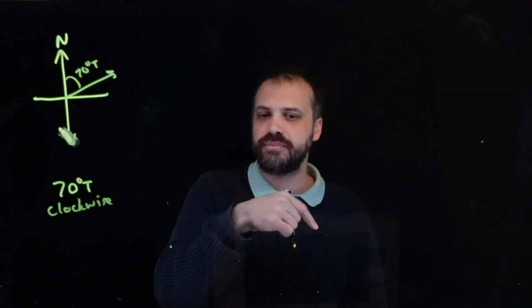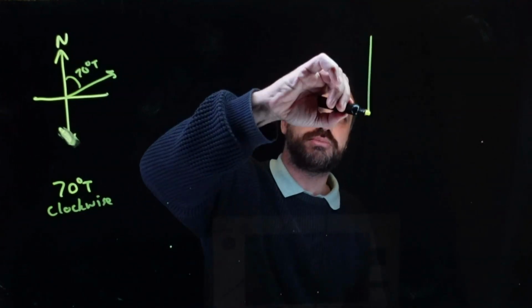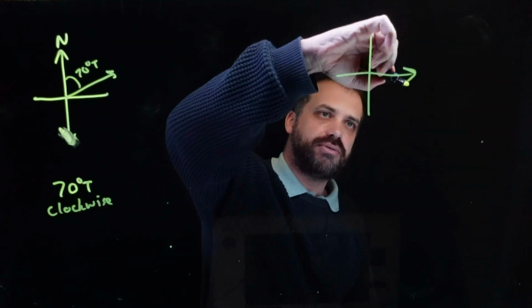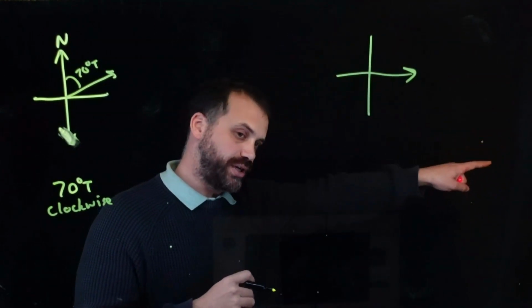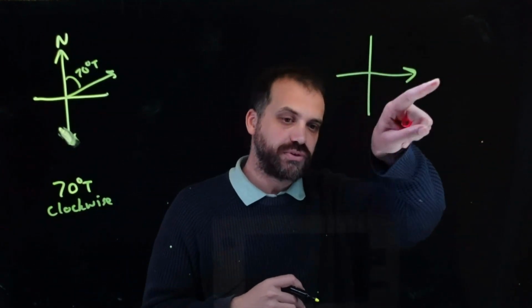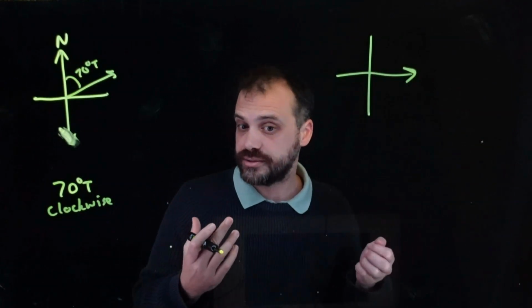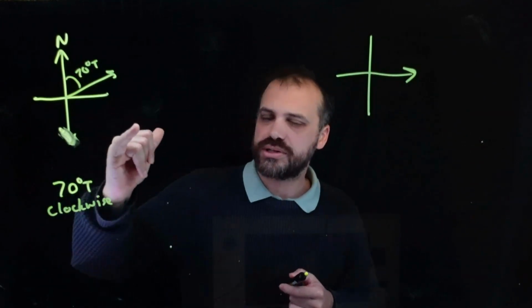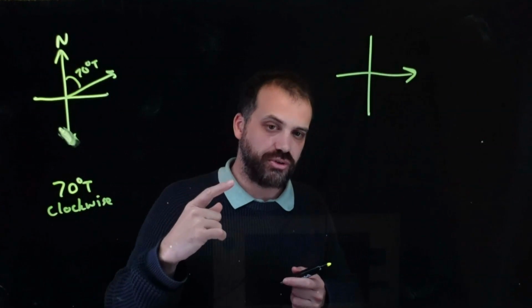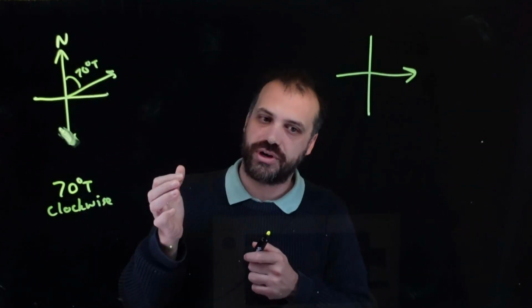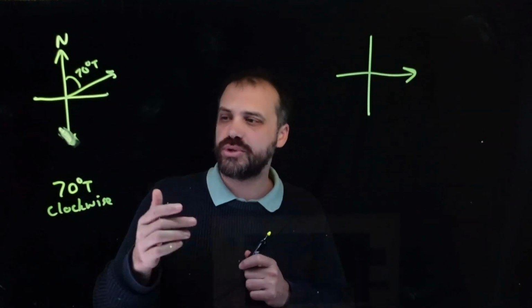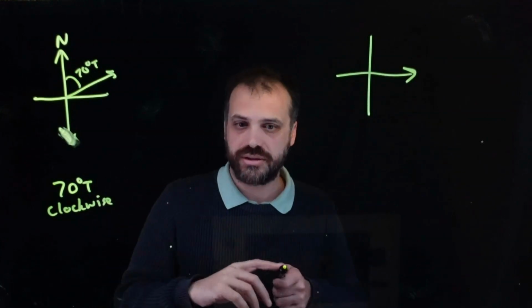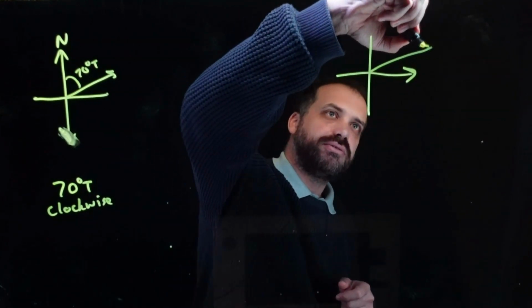But in math world, we don't really think in terms like that. Instead, this is our default direction, right? The positive direction of the x-axis, I guess you could call it east. So if we wanted someone to travel in that direction, or if we wanted to represent this direction in our mathematics, we wouldn't use 70 degrees. We would use a different angle.